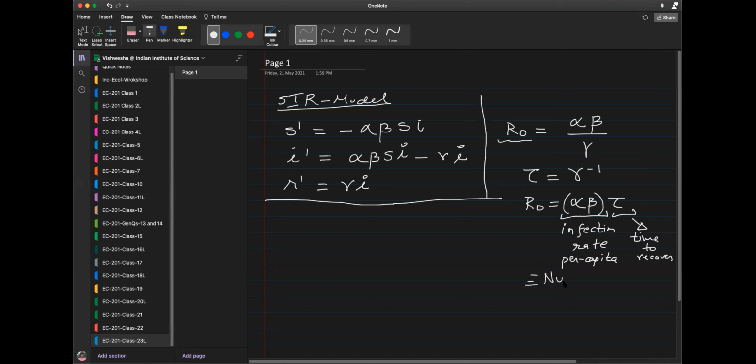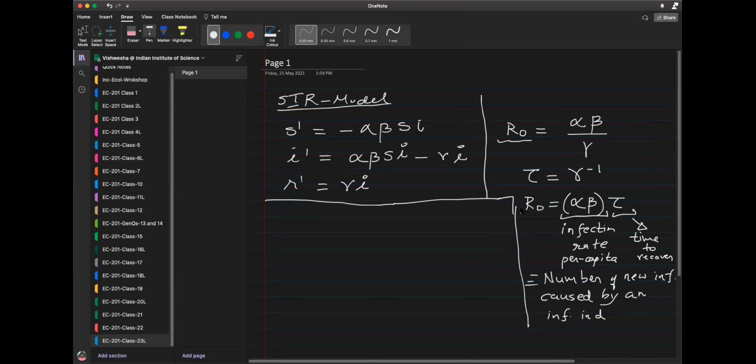That's basically the number of new infections caused by an infected individual before that person recovers. Is that correct?